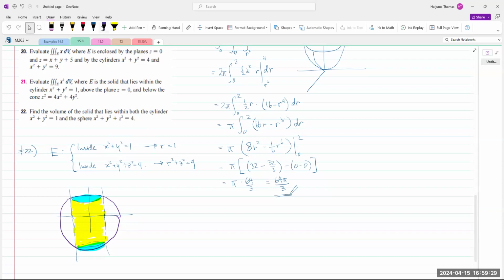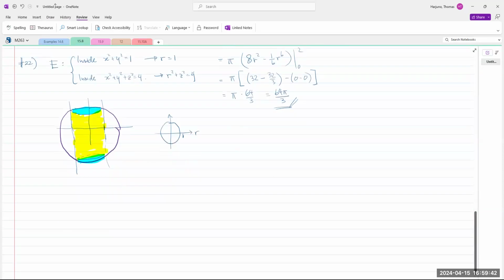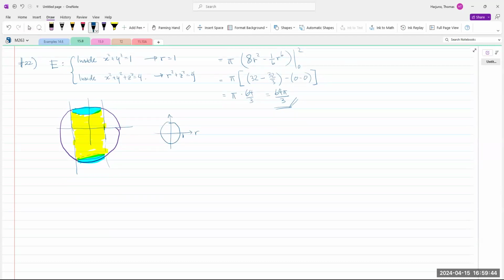Okay, so on the domain, it will be basically a disk with radius 1, right? That's the domain. And we need the volume. So the volume will be the triple integral over E of r dz dr d theta, right? The theta will be from 0 to 2 pi.